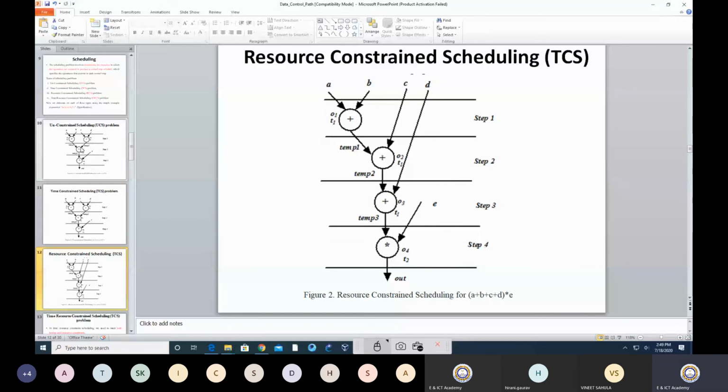If I look at the resource constraint optimization problem and try to draw the DFG, this would be the DFG: a plus b at the first time instance with one resource, then the output of that is added with c, the output of that is temp 2, which is added with d, then the output of that, temp 3, is multiplied by e, and finally the desired output, (a plus b plus c plus d) into e, is generated. So this is some sort of initial level scheduling that I can apply.